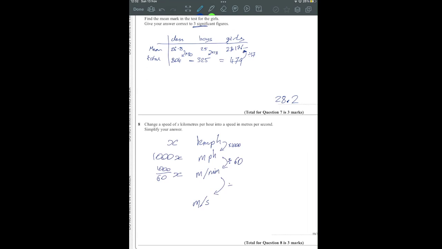And then exactly the same logic once again to convert into per second. And then I'm just going to type that fraction into my calculator to simplify it. I could try and simplify it in other ways, but the calculator is here for a reason. 5 over 18x.